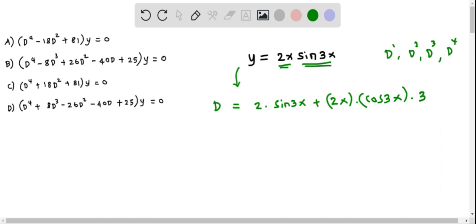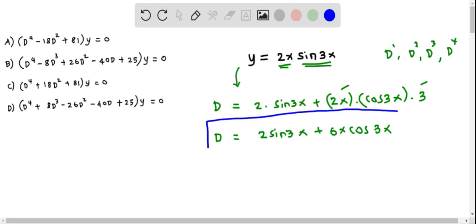Let's simplify this. So D equals 2 sine 3x plus 2x times 3, which is 6x cos 3x. So here we have determined the first derivative: D equals 2 sine 3x plus 6x cos 3x.